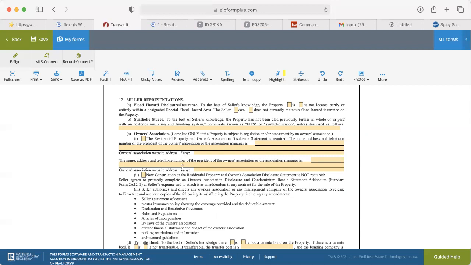There are two here. So let's say up here, you entered the president of the association's address and phone number and contact information. Down here, it would be the association manager.